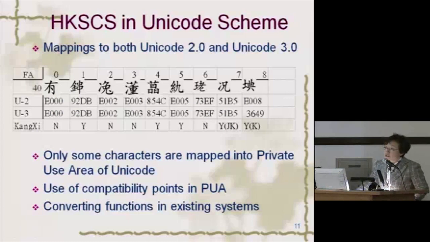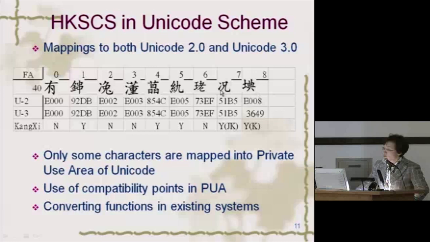Now, to facilitate the migration into the Unicode platform, in the government standard, when you have a character, if you look at this table, this shows FA40, FA41, and that's their Big Five code.